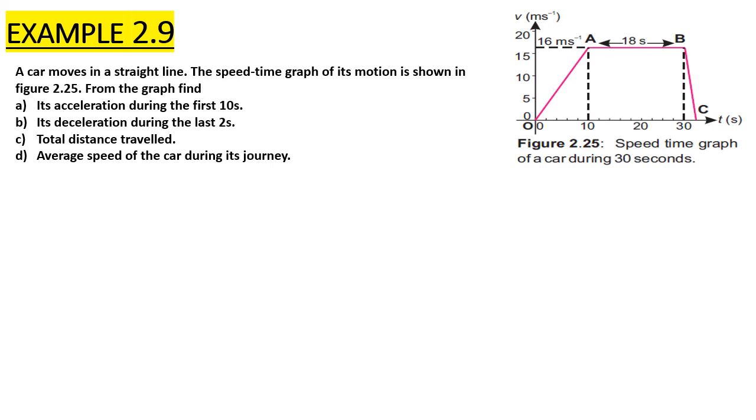Example 2.9. The statement of example 2.9 is: a car moves in a straight line and the speed time graph of its motion is shown in figure 2.25.